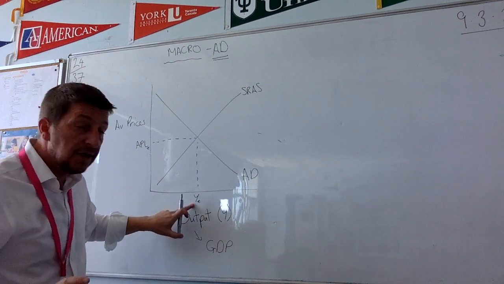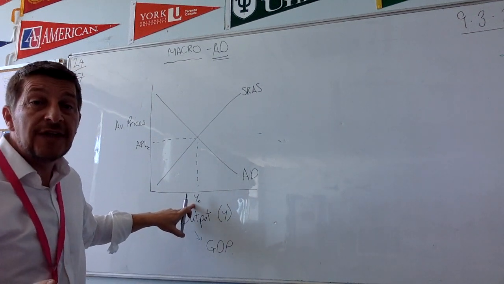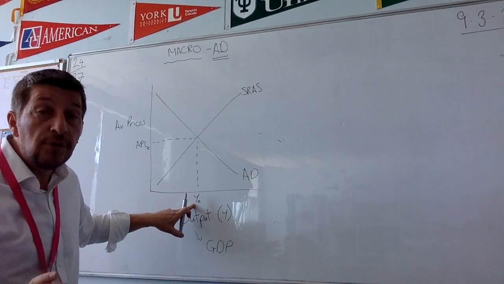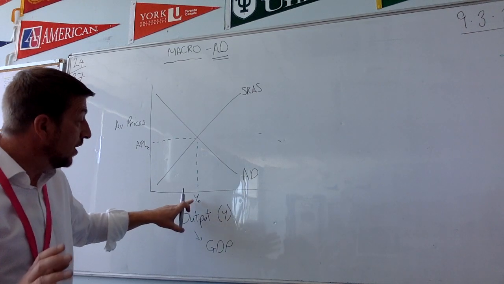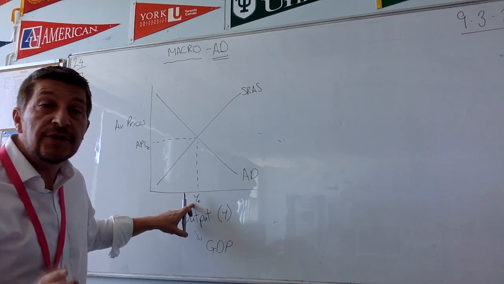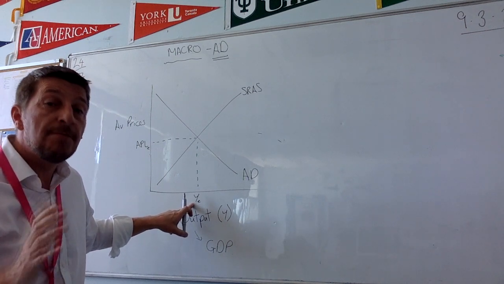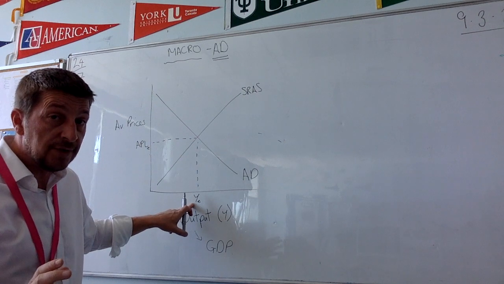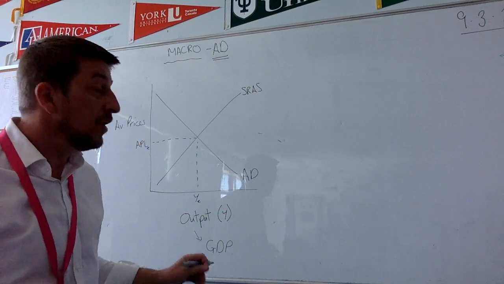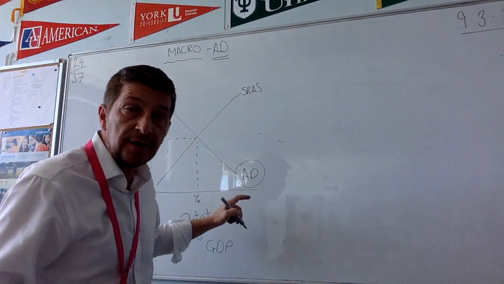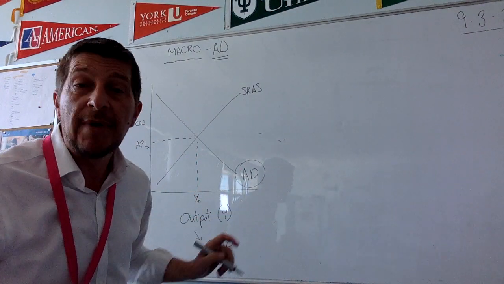We can also use it to understand economic growth or economic decline, and levels of employment or unemployment. But the purpose of this particular video is to focus on this concept, aggregate demand.